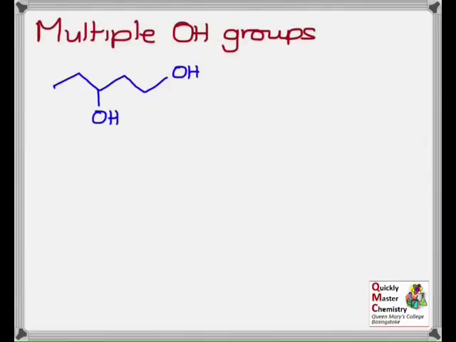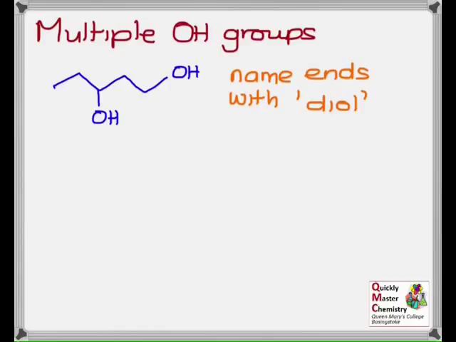Our discussions so far have referred to molecules with only one alcohol group, but there's nothing to stop there being more than one alcohol group attached to a molecule, like the example shown here. Now, the rule for naming molecules with more than one alcohol group is that you use a multiplier in front of the "ol", "di" if there's 2 alcohol groups, and it would be "tri" if there was 3 alcohol groups.